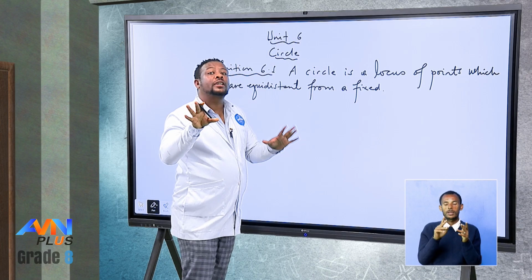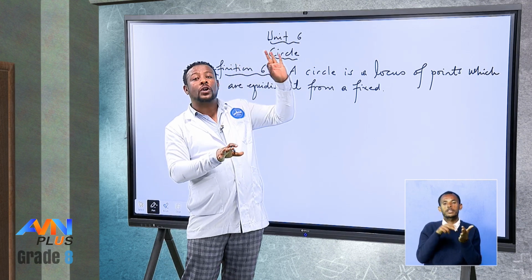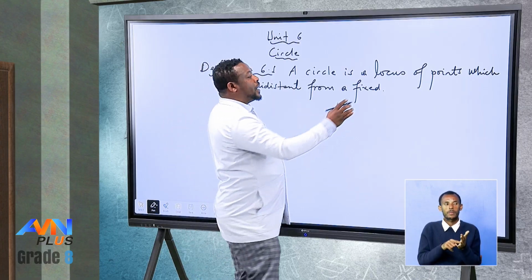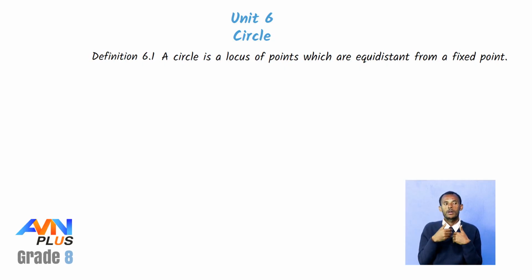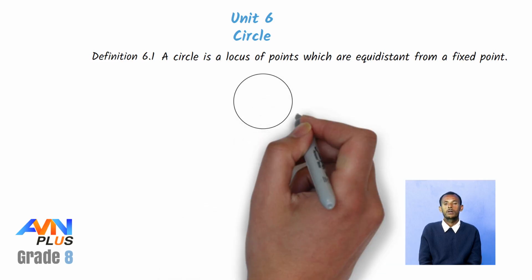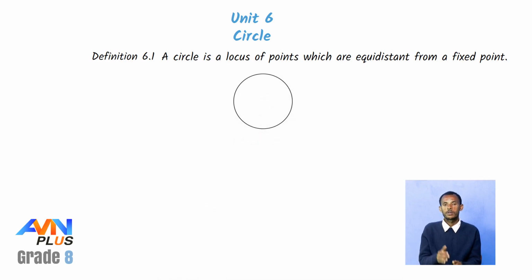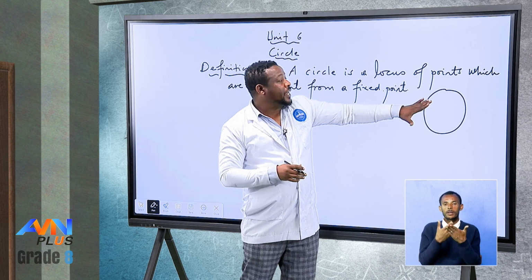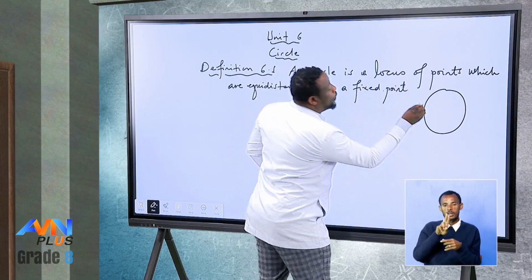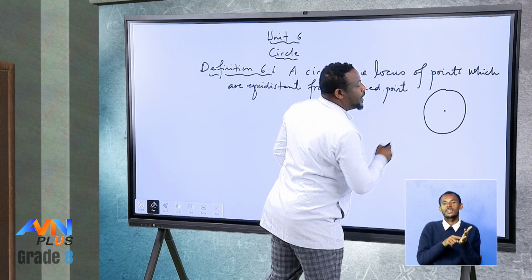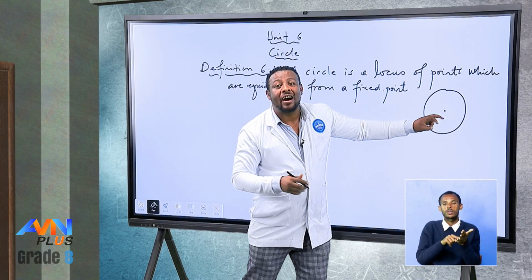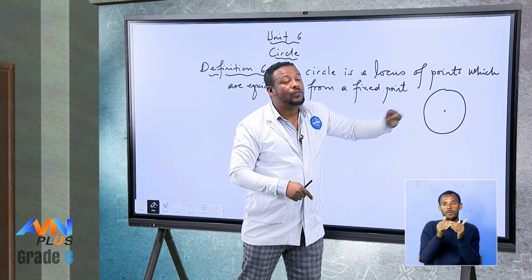In a circle there is a fixed point, and each of the points in the collection is equidistant from that fixed point. Geometrically, if you have this circle, usually the fixed point is the center of the circle, and all the points on this circle are at equal distance from this fixed point.